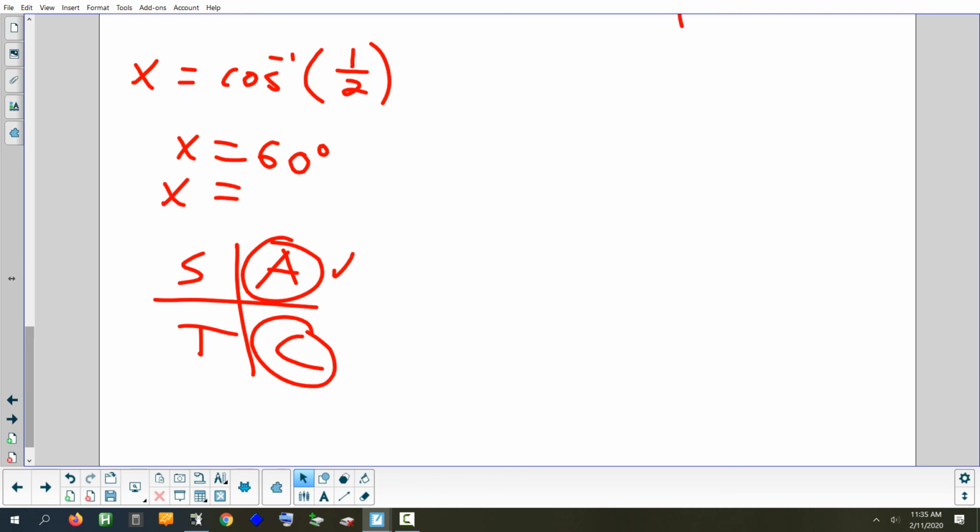If you're in quadrant 4, what do you do with your reference angle to get an answer in that quadrant? Quadrant 2, you do 180 minus. Quadrant 3 is 180 plus. What do you do in quadrant 4? 360 minus, yes. So your other answer is 300.